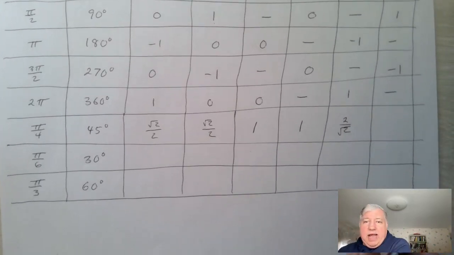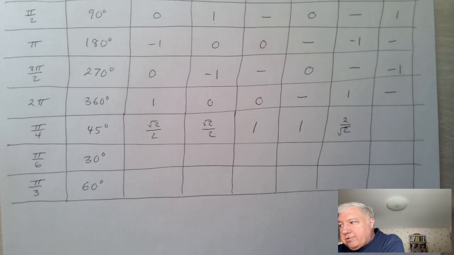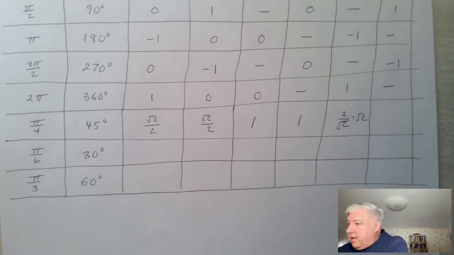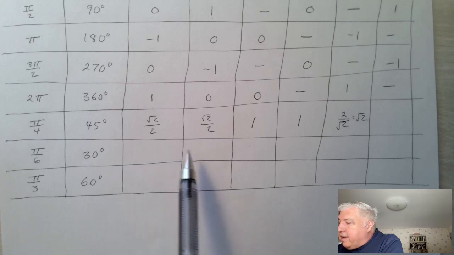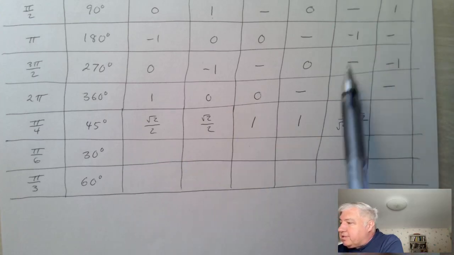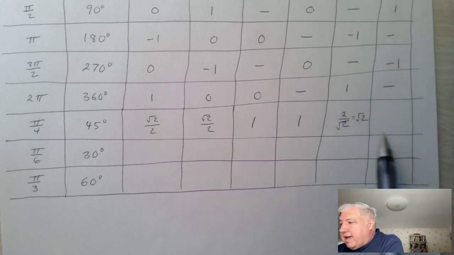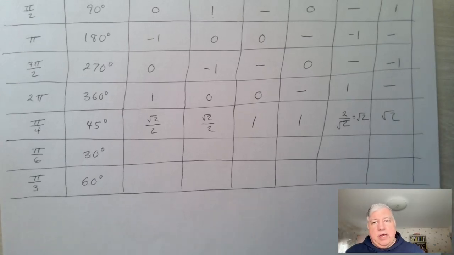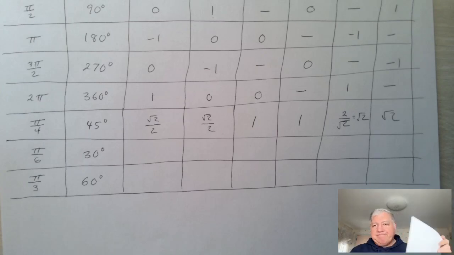Okay, and actually that simplifies to the square root of 2 in this case. And then you can check that, of course, since the sine and cosine are the same, the secant and the cosecant will be the same. So this will be square root 2 as well. We're not going to worry right now about using our calculators. We're just going to give the exact values in terms of square roots.